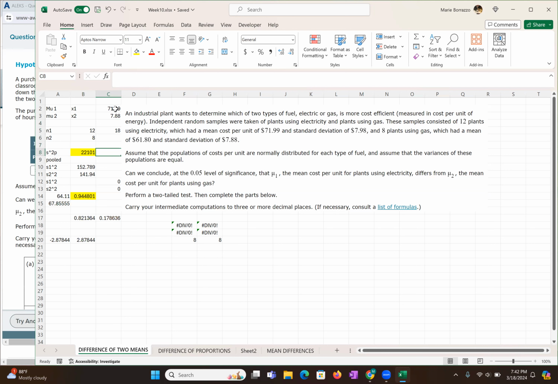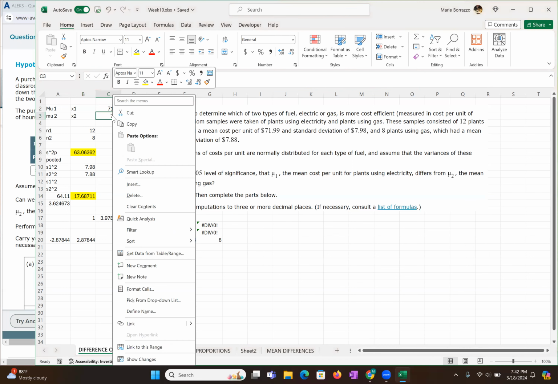So the other thing you need is standard deviation. So the first standard deviation I gave you is 7.98. And the next standard deviation is 7.88. So now that you have that, you have exactly what the t-value should be. So in this case, I think this is 6180. I'm sorry, I apologize.